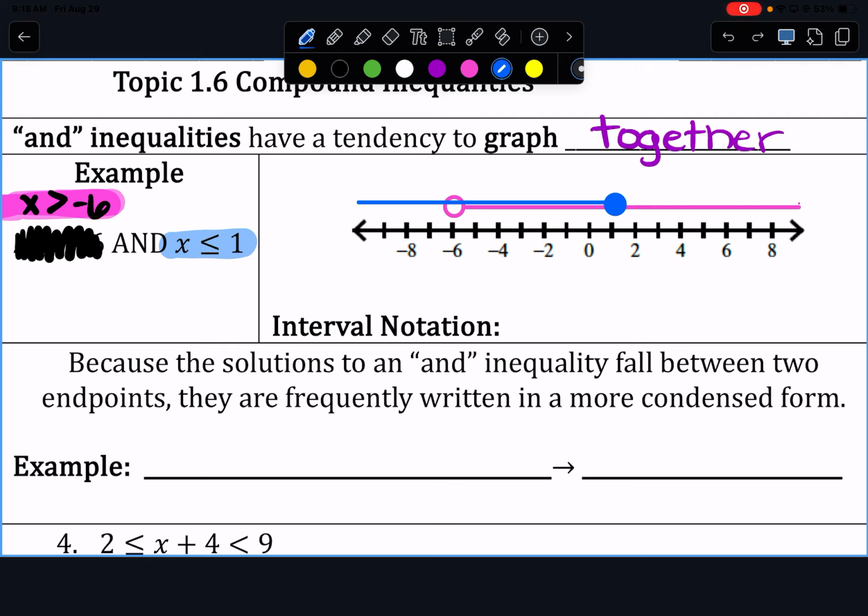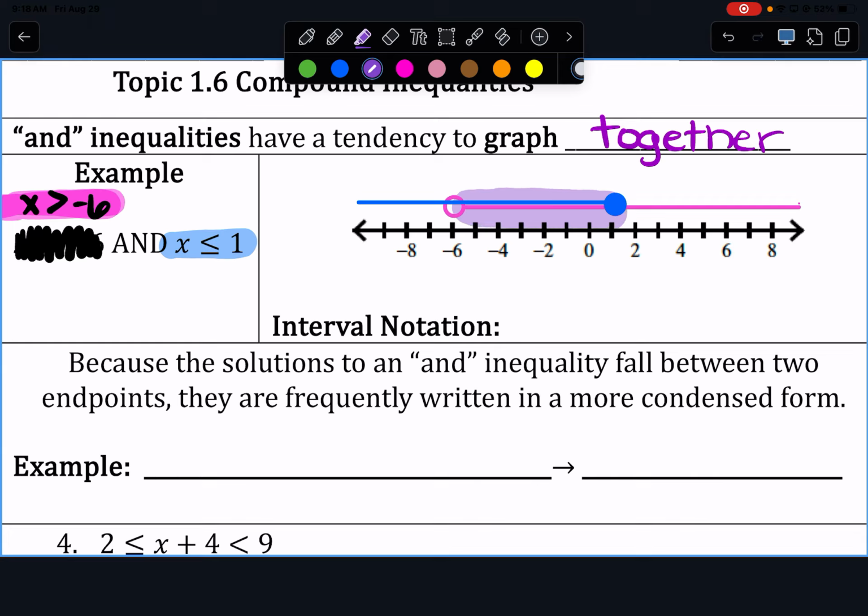So if I'm talking about a solution to where it is both greater than -6 and less than or equal to 1, am I talking about this part of the graph? No. Am I talking about this part of the graph? No. I am talking about the part where they both overlap, that middle part there, where the graphs come together.